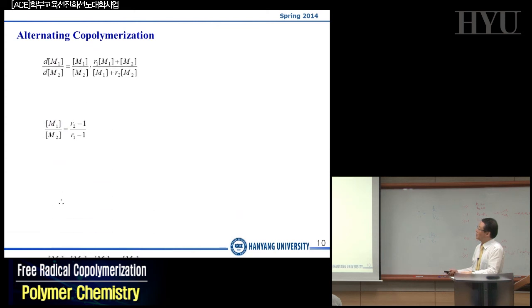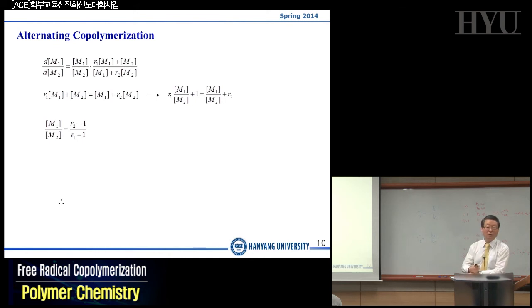What about the alternating copolymers? Okay? Alternating copolymers are the ones where the dm1 over dm2 copolymer equation can be redefined such that R1 times R2 is equal to 1, right? Or R1 and R2 could be 1, so that you can derive the equation written in the second case, and M1 over M2 is equal to this, here in this case.